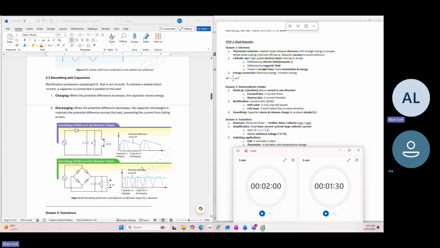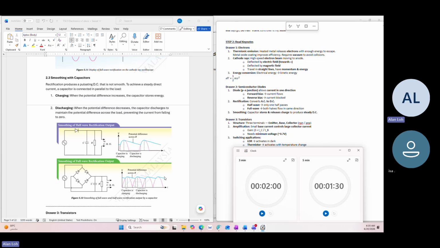Then you might be asking, why do we need to smooth it out? We're trying to convert AC to DC. AC is alternating current, DC is direct current. The best direct current in the world is one straight line.